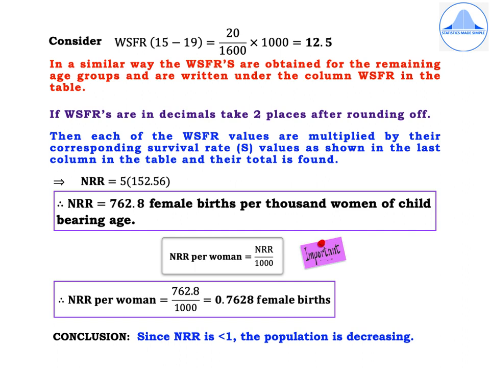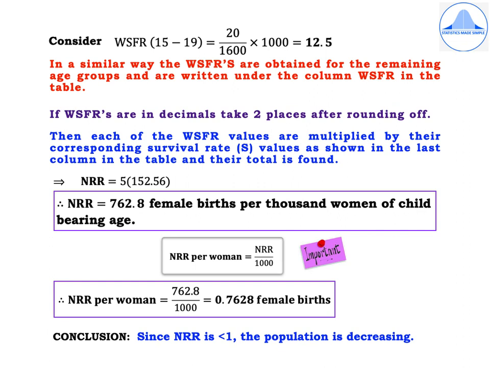And we get summation WSFR into S as 152.56. Let us now calculate NRR by substituting the total in the formula, and we get 5 into 152.56. Therefore, NRR is equal to 762.8 female births per 1000 women of childbearing age.